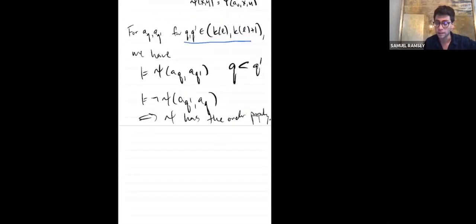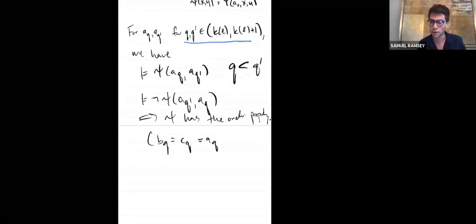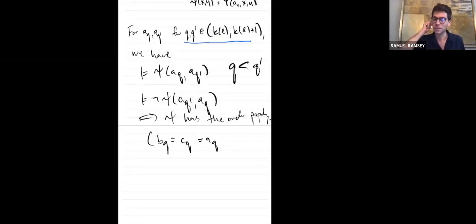Taking AQ, you can define BQ and CQ in the definition to just be AQ. And you might worry that in the definition of the order property, you said less than or equal, but that doesn't matter. You can replace the less than or equal with strict and it's fine.